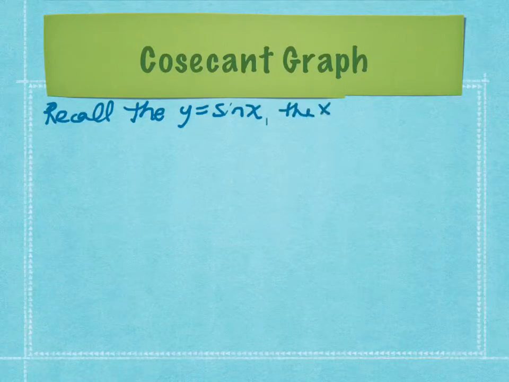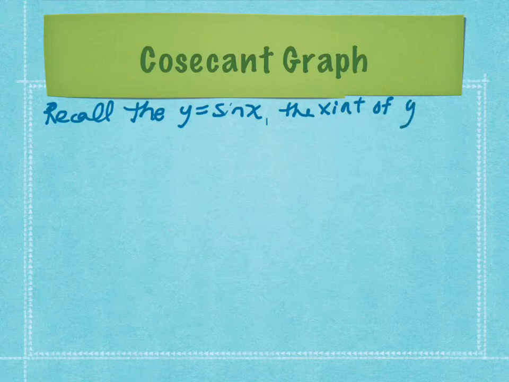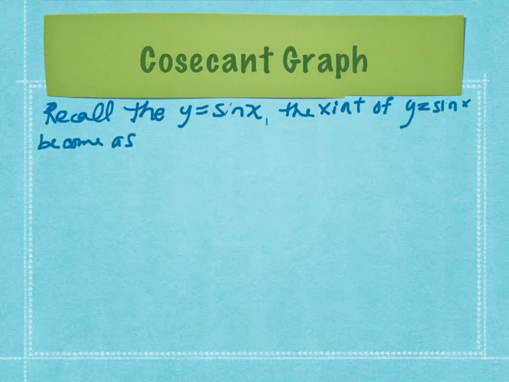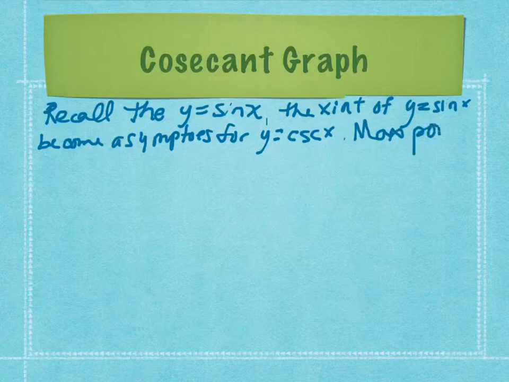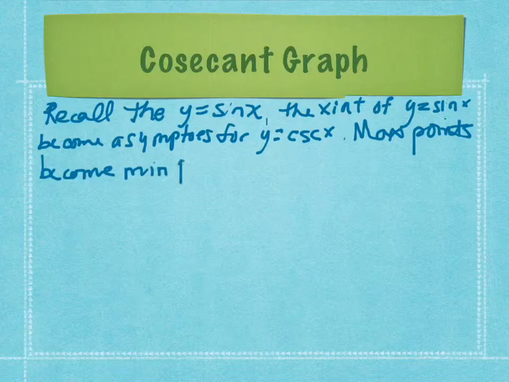The x-intercepts of y equals sine x become asymptotes for y equals cosecant x. And just like before, the max points become minimum points, and vice versa.